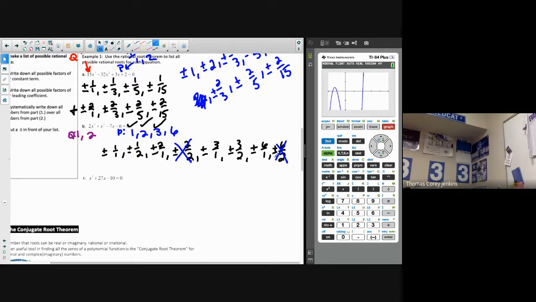So just to formalize the list then, we will simplify. So we have plus or minus 1, plus or minus 1 over 2, plus or minus 2, plus or minus 3, plus or minus 3 over 2, and plus or minus 6.